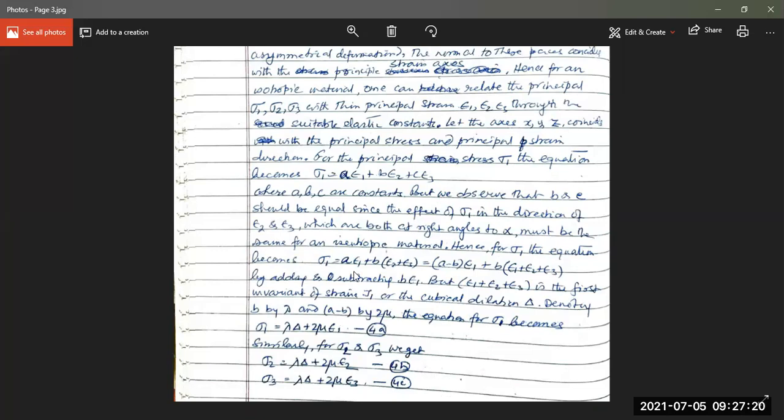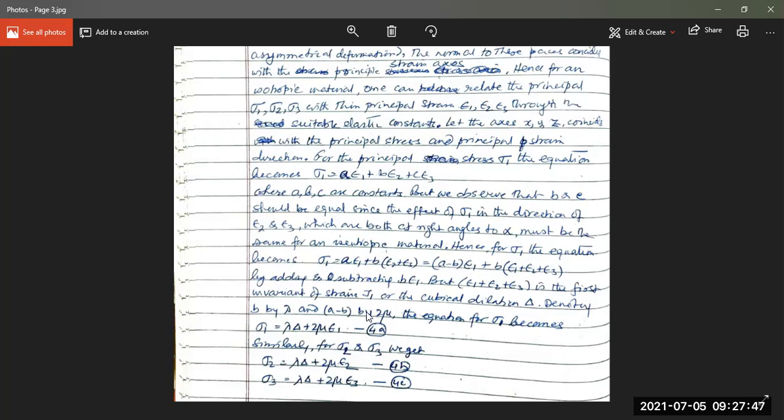So the equation becomes sigma 1 = A epsilon 1 + B (epsilon 1 + epsilon 2). As we have already said, B1 is equal to B is equal to C. If we simplify further by adding and subtracting B epsilon 1, the equation takes the form (A minus B) epsilon 1 plus B multiplied by (epsilon 1 + epsilon 2 + epsilon 3).